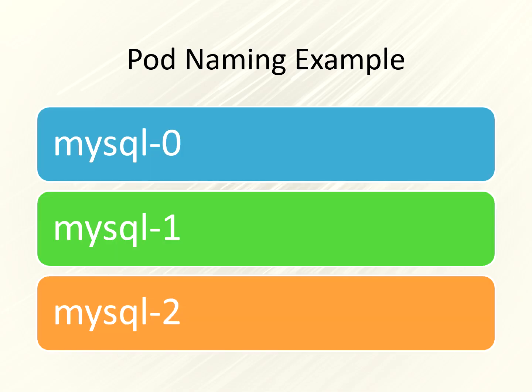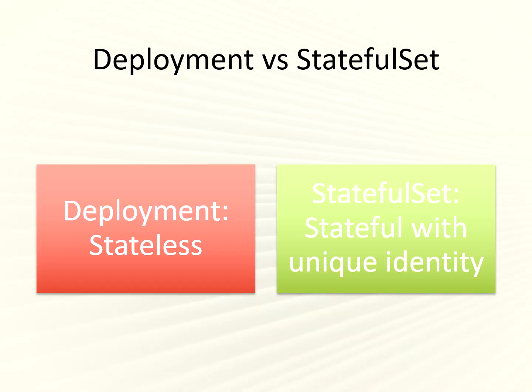Let's see the naming example as we discussed. Now imagine one crashes. So Kubernetes recreates it. The pod comes back as MySQL-1 again, not a random MySQL-123. So this consistency is critical for clustered databases.